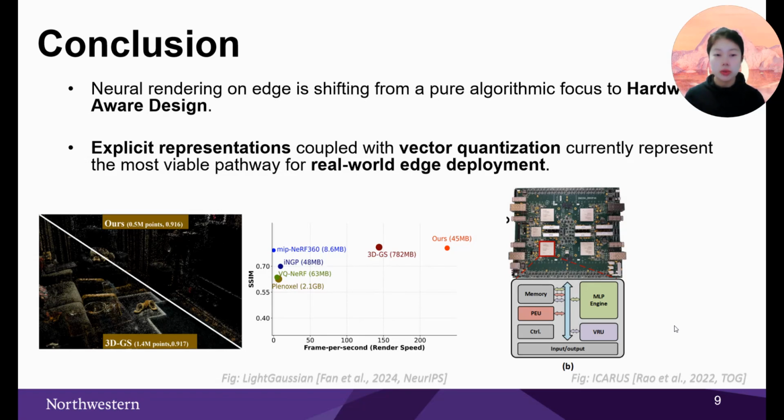However, explicit representations, especially 3D Gaussian splatting, combined with vector quantization and parameter pruning, currently show the greatest potential for real-world edge deployment. These approaches strike a strong balance between high visual quality and strict memory and power constraints.